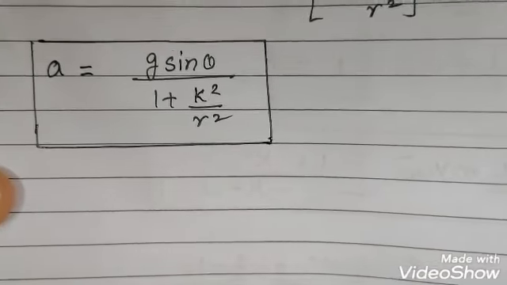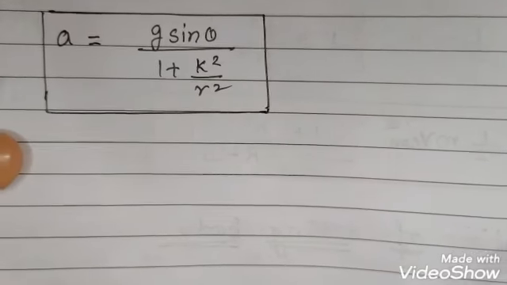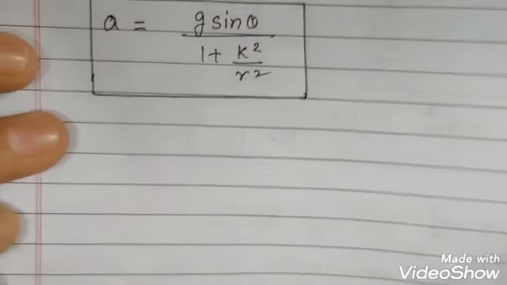So acceleration is equal to g sine theta upon 1 plus k square upon r square.